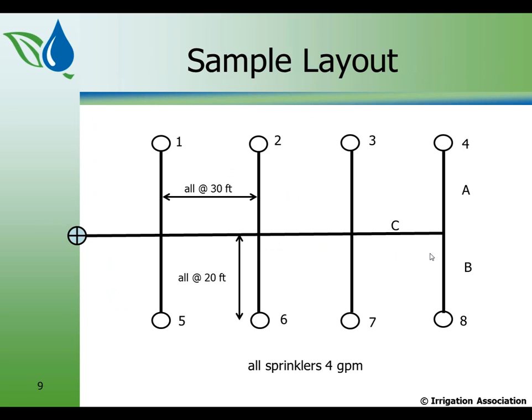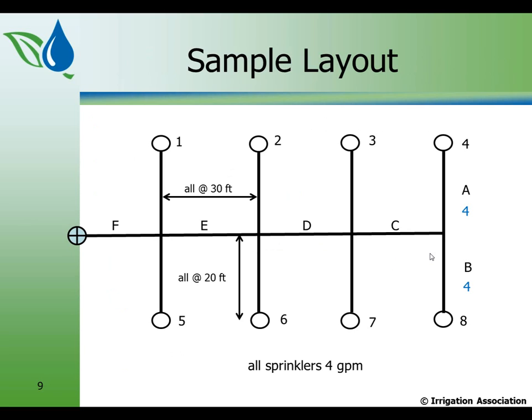So then C is that leg between the last 2 sublaterals. D, next one back, E, and F. Now the next step is to determine the flow in each of those legs. Obviously the flow in leg A is 4 gallons a minute because there's only one sprinkler.